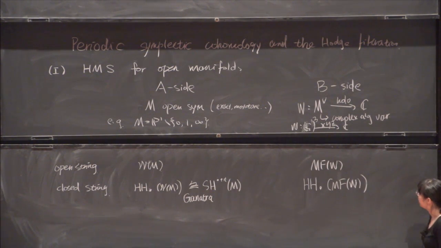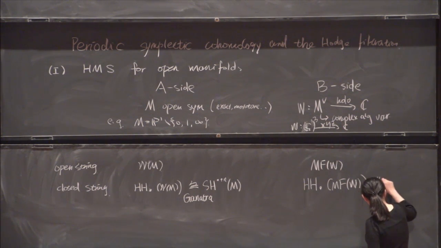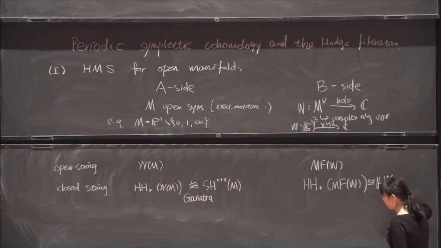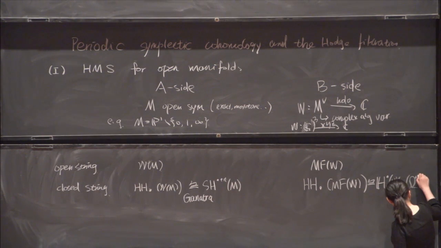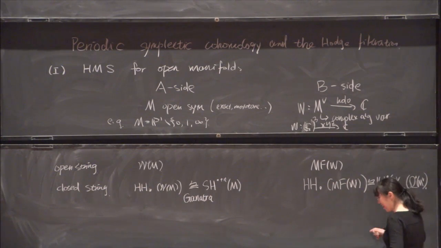Since I don't assume M is affine or any assumption on it, this is isomorphic in general to the hypercohomology of M check with values in a twisted de Rham cohomology complex.